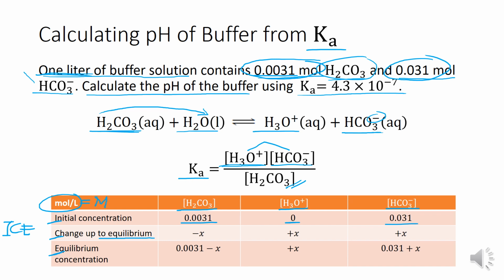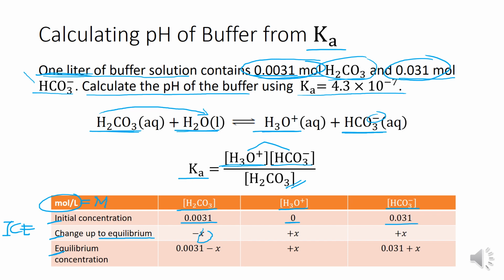As the reaction progresses from the initial state to equilibrium, some quantity, let's say X, of carbonic acid reacts with water to produce hydronium ions and bicarbonate.